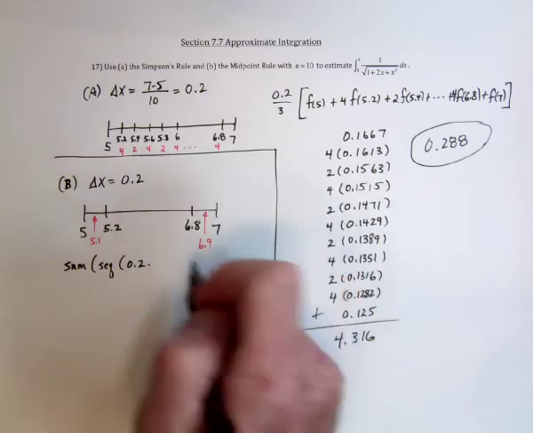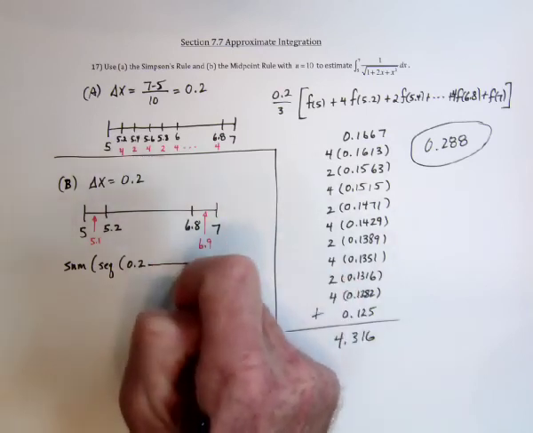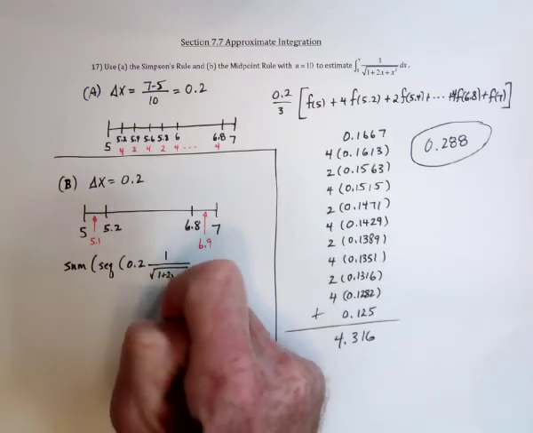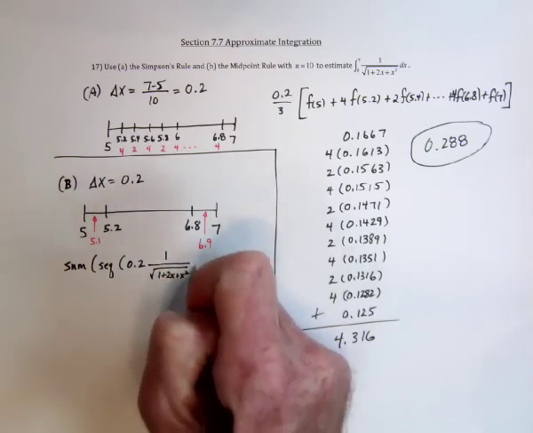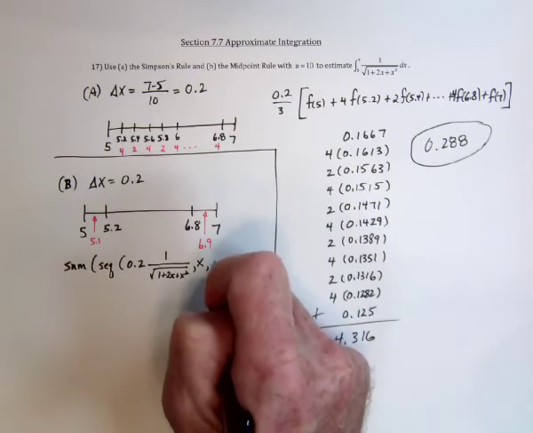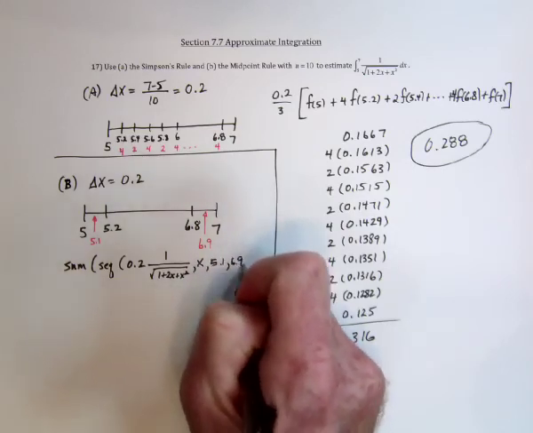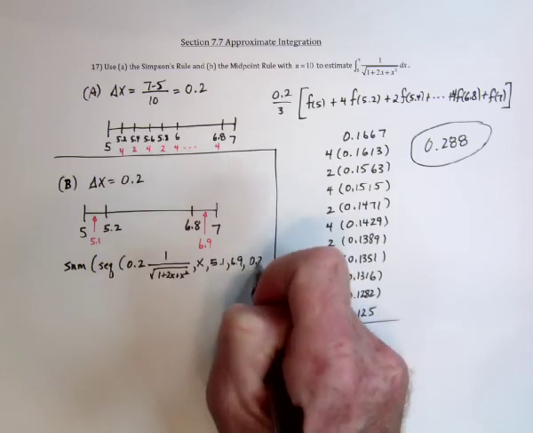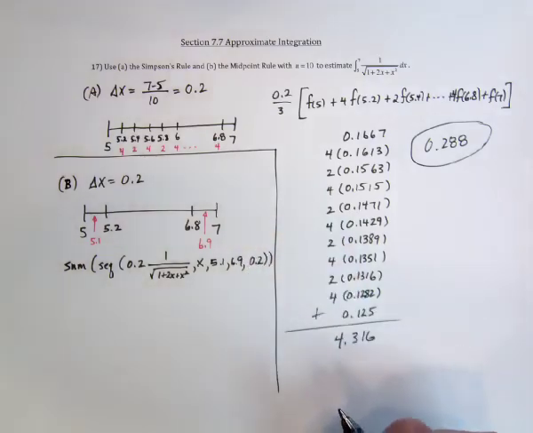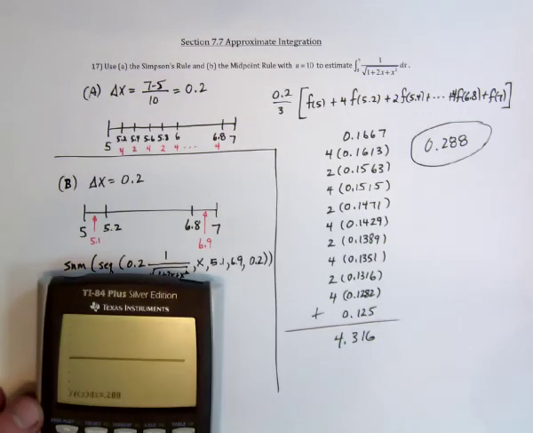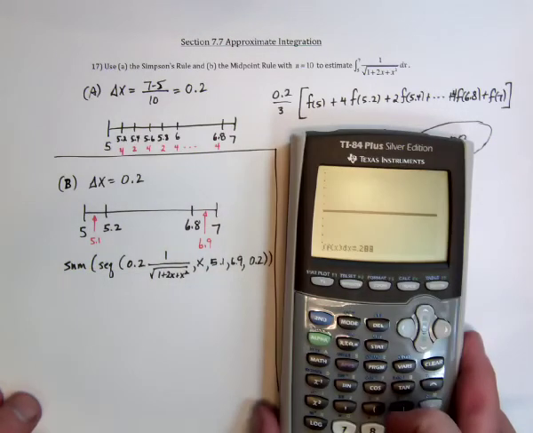And then the height of the function is given by 1 over the square root of 1 plus 2x plus x squared, with x going from 5.1 to 6.9 in increments of 0.2. Let me just choose it over here if the glare isn't too bad.